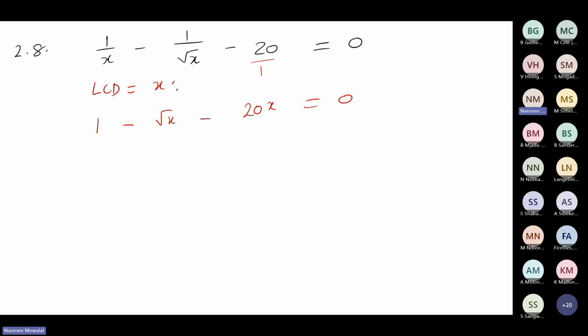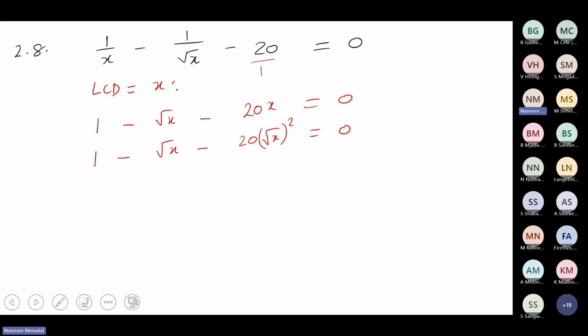Now we have a question that has a term in x and a term in square root of x. What you need to remember here is that 1 minus root x minus 20x is the same thing as 20 root x all squared. So you have a quadratic equation in square root of x.